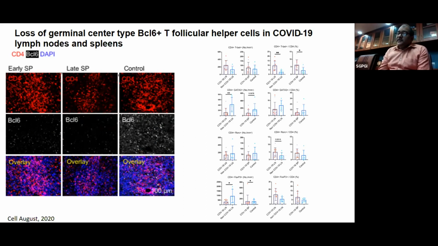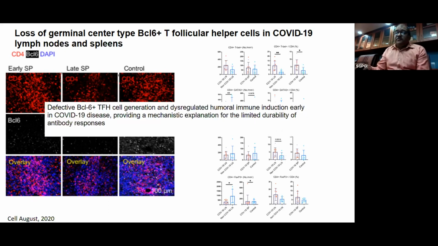Now this portrays a very grim picture. Why? Because if the T cell and the B cell responses are poor, then the protective immunity after one infection may not last for a long period of time. And then you may get a reinfection from the same strain or from a mutated strain of the virus.